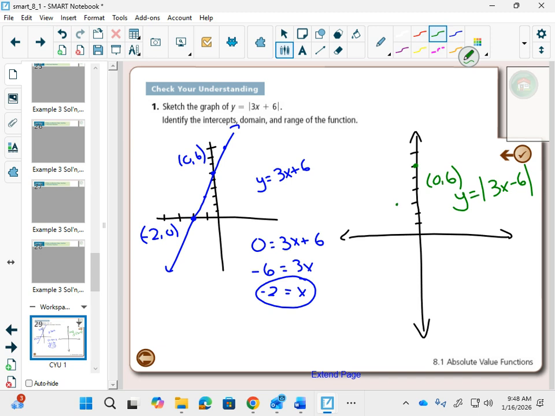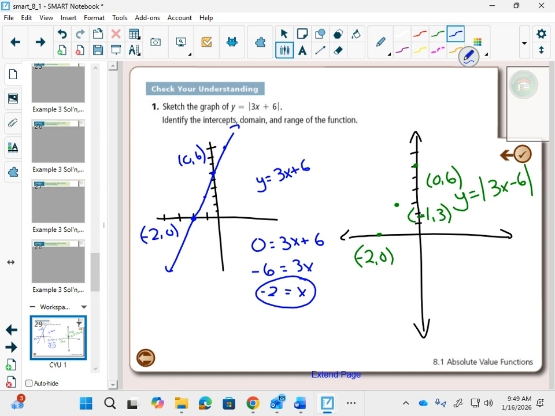Negative 1, 3 is still going to be negative 1, 3. Notice, what's getting the absolute value is the y value. So the negative 1 for the x, that's fine. You can plug in negative 1 for x, you will get positive 3, and the absolute value of positive 3 would stay 3. And very important will be this critical point at negative 2, 0.